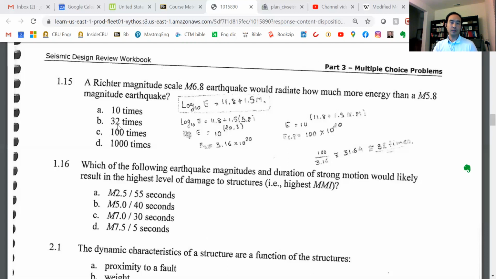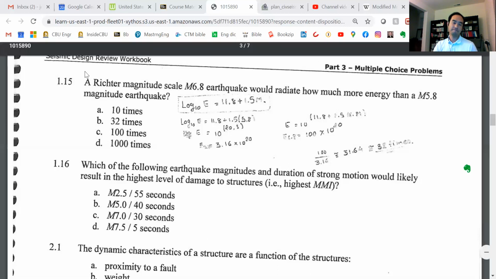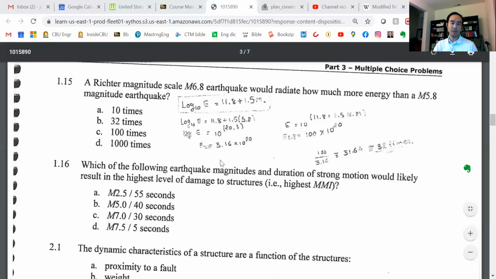So the answer is going to be B. What if we have a change from 3 to 5? So the difference is going to be 2. Then it's going to be almost 900 times, right?